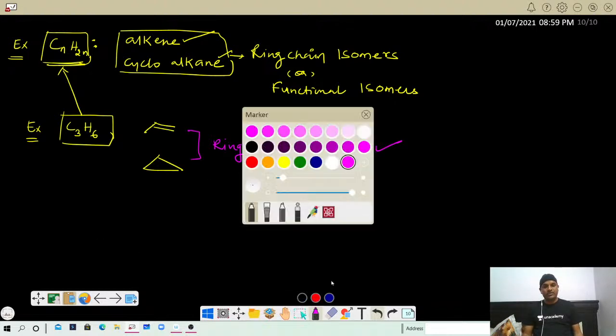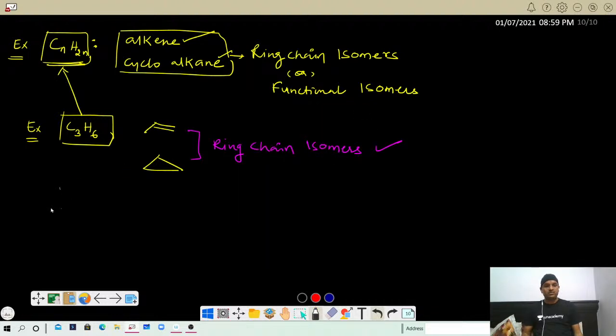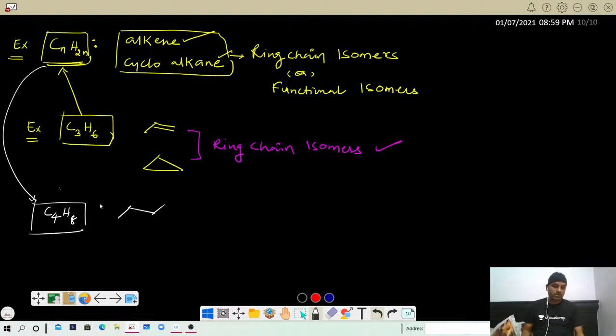Similarly, if you write a 4 carbon system like C4H8, because it should obey the formula, so how many isomers can we write? Alkenes and cycloalkanes. Alkenes means how many chains are possible? Two chains are possible.